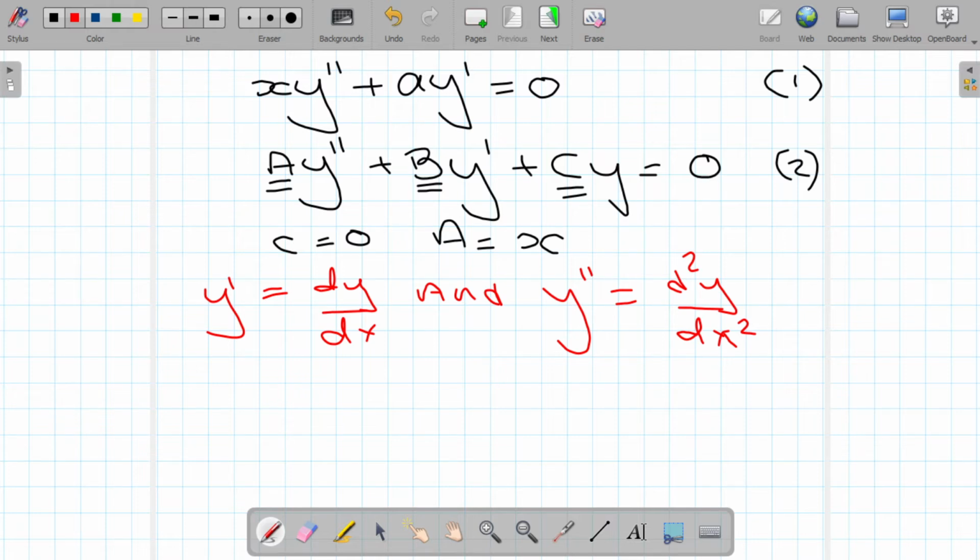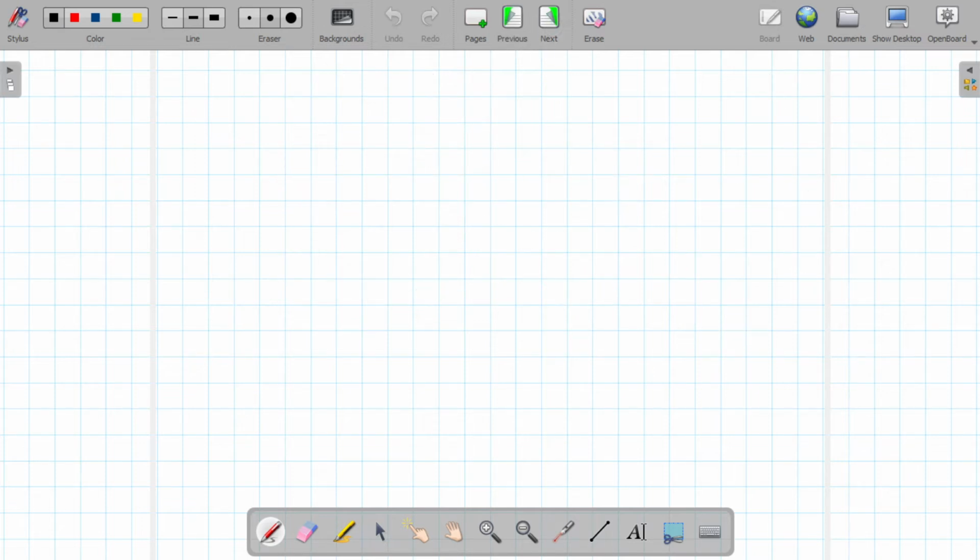Well, what I'm going to do now is move on to a separate sheet. We're going to start by working through the solution to this equation. So I'll just write the equation down once more, and we'll relabel that equation 1.